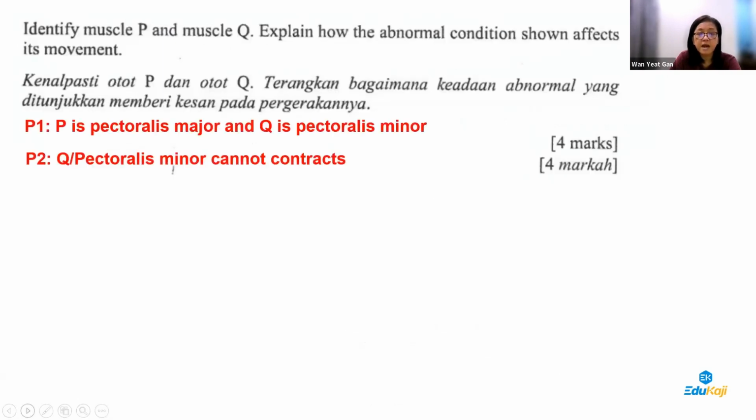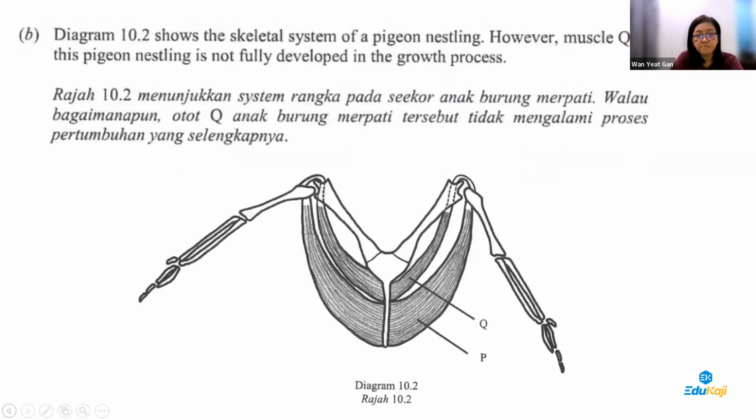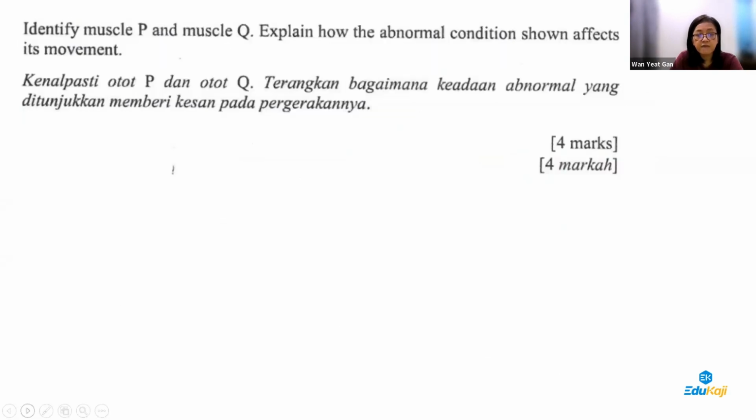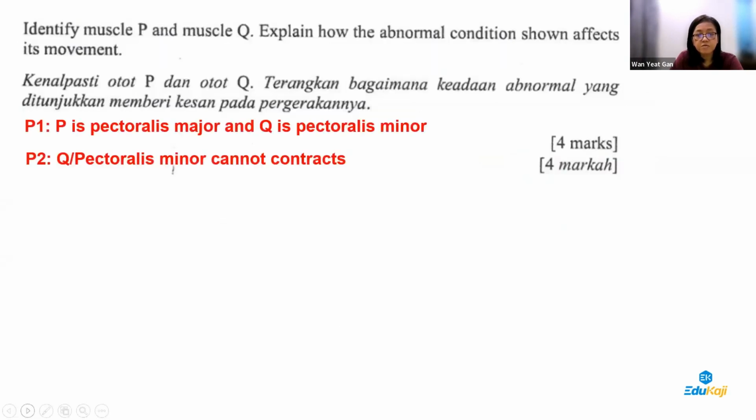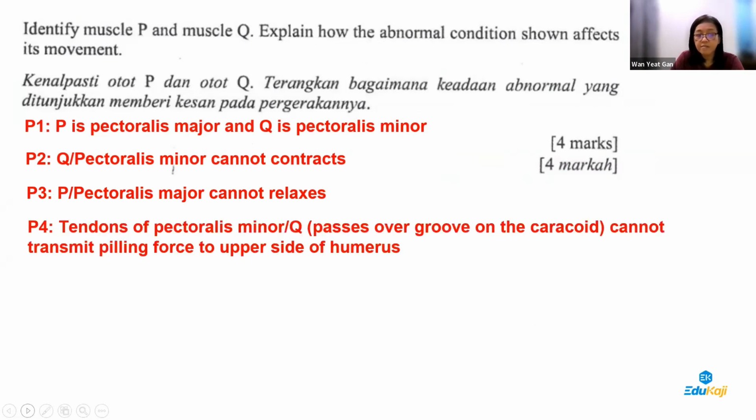So when minor is abnormal, the condition is abnormal, because the question says here Q is not fully developed. So pectoralis minor is not fully developed, therefore it cannot contract, and because both muscles work antagonistically, if minor cannot contract, major cannot relax. Which means that both muscles cannot produce the force to transmit to the tendon.